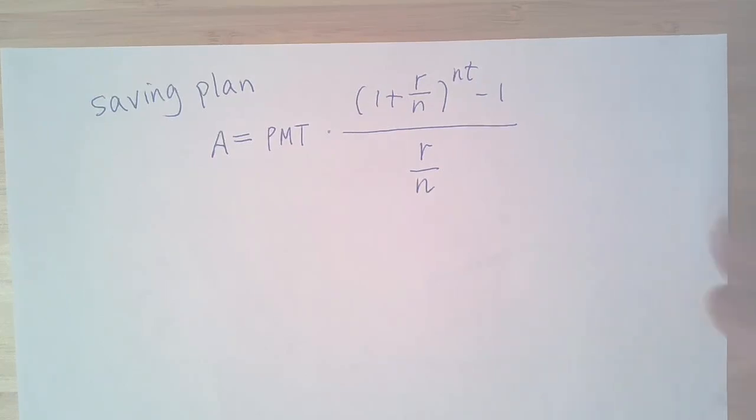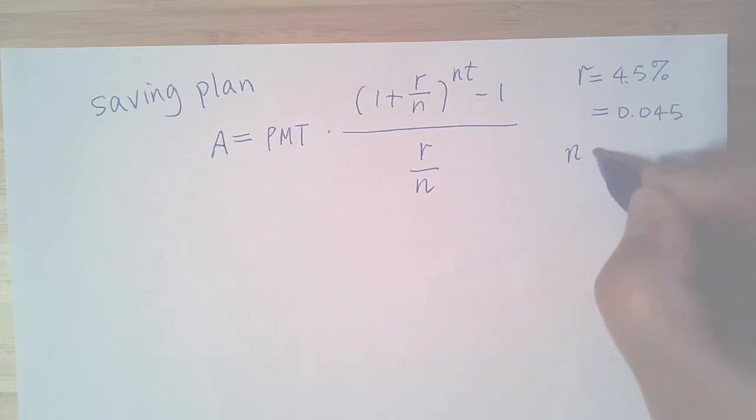All right, in this case, this R is the APR, or the annual interest rate. Let's say right now it's 4.5%, and we have to write that as 0.045. That's R. And the N is 12, because you're making monthly payments and it's compounded monthly, right?